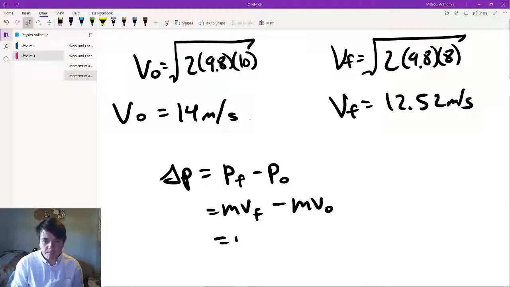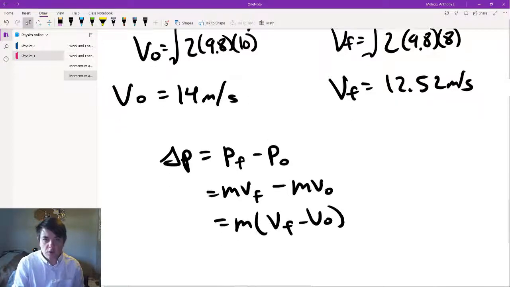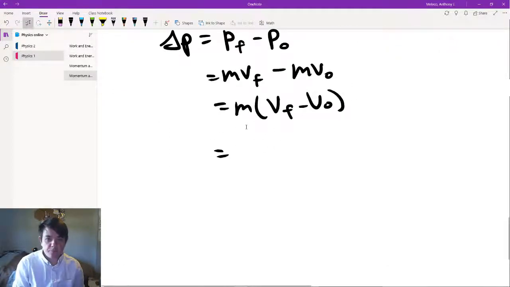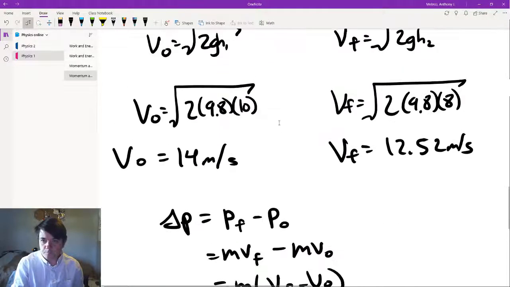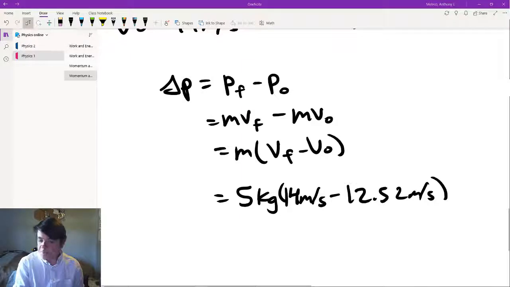We can pull out the M, and we can do the math on this now. So it's 5 kilograms times 14 meters per second minus 12.52. And what we get with this is 100.